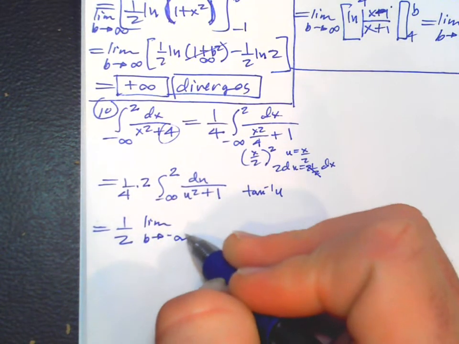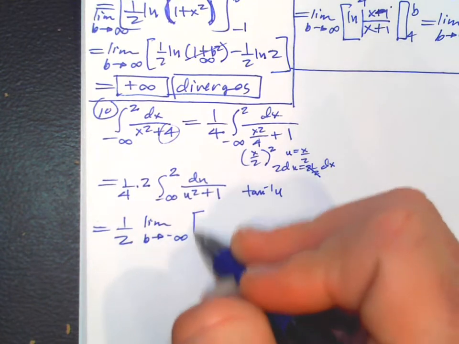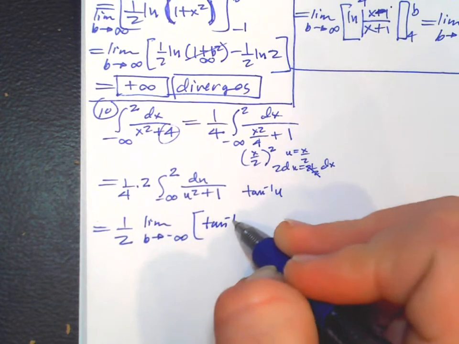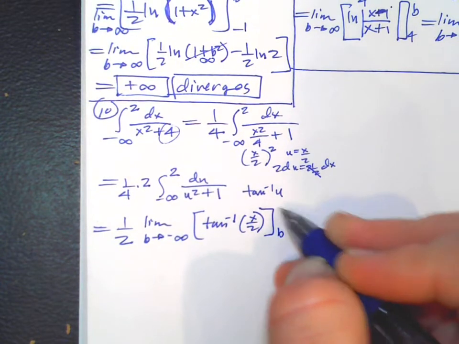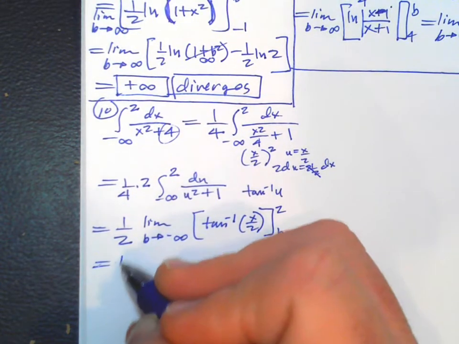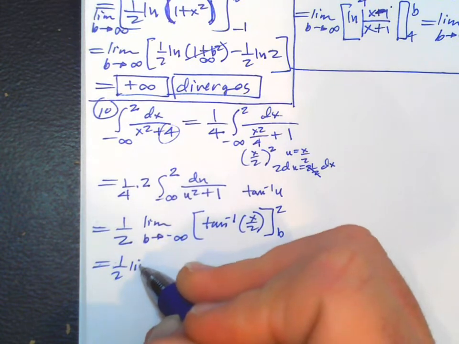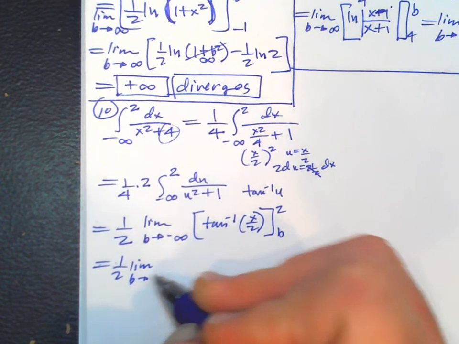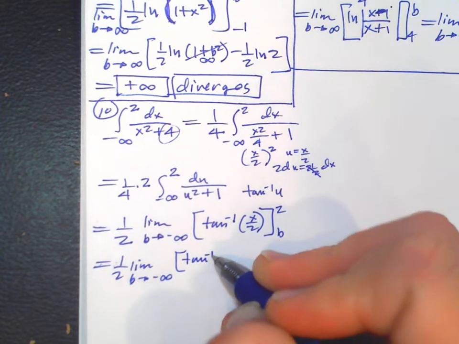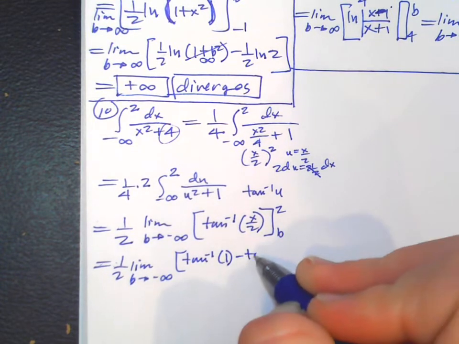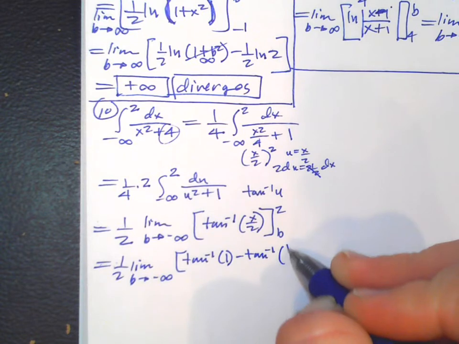And so now, it's going to be inverse tangent of x over 2. Limits are b to 2. So inverse tangent of 1 minus inverse tangent of b over 2.